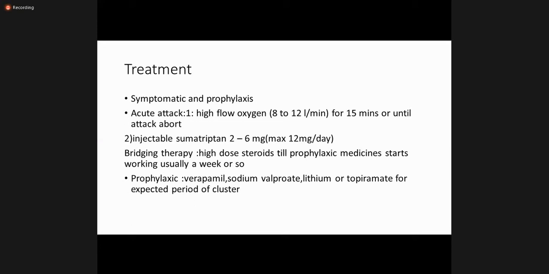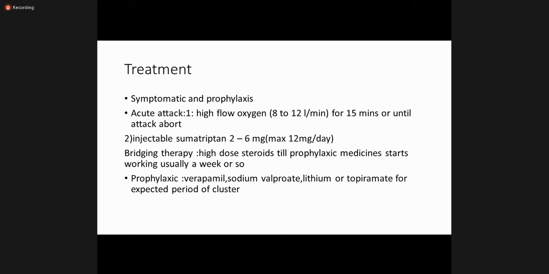Sometimes we need to go for injectable sumatriptan in the dose of 2 to 6 milligrams, with a maximum of 12 milligrams per day. You have to bridge your treatment with a high dose of steroids as well till your prophylactic medicine starts working, because it takes about a week or so. So you have to treat the acute attack with high flow oxygen, injectable sumatriptan, or sometimes high dose steroids while required.